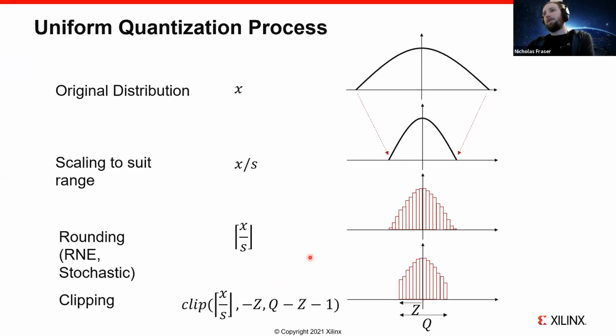And then finally, here we haven't actually specified the bit width yet, right? Because we've only rounded things, but we could still have potentially, depending on our underlying data type, infinitely many of these values, right? So the last bit is that we need to actually constrain our range to some minimum and maximum value, chopping off these edges to actually make it fit in a predetermined number of bits, okay?